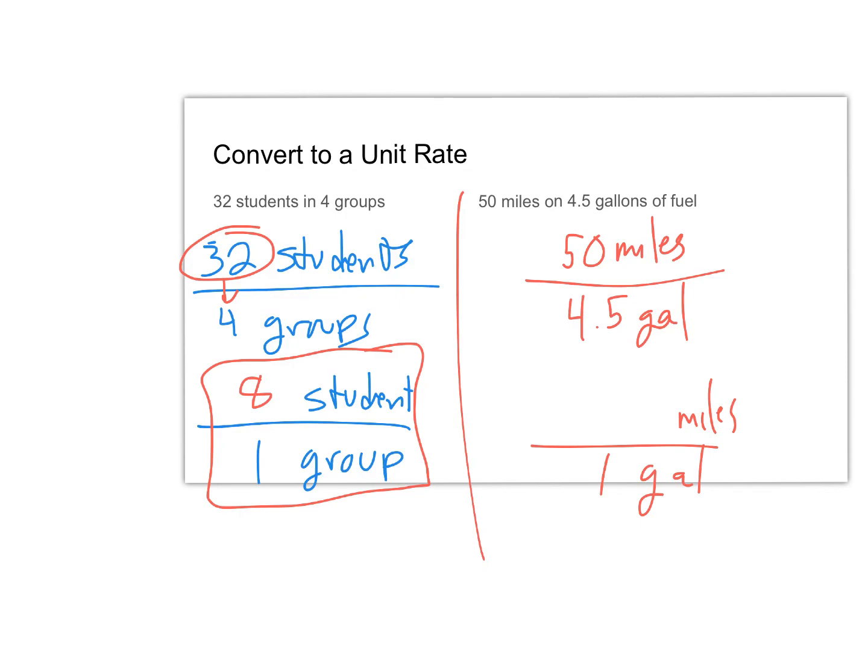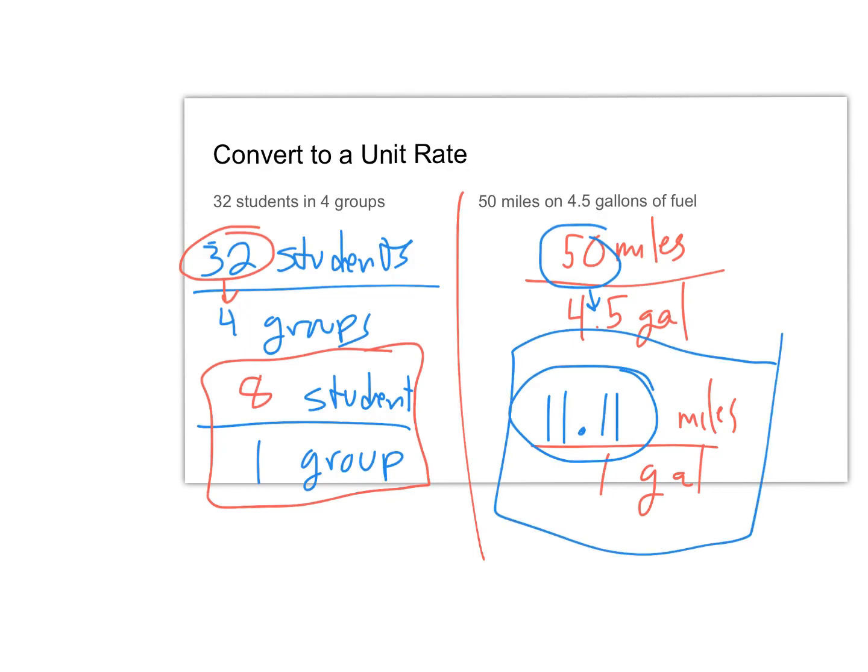Here, let me change color. We're going to divide 50 by 4.5. And when I do that, we get 11.111111. So we're going to round that to 2 places, 11.11. And you can have a unit rate as ugly as that. Okay? And there's our unit rate.